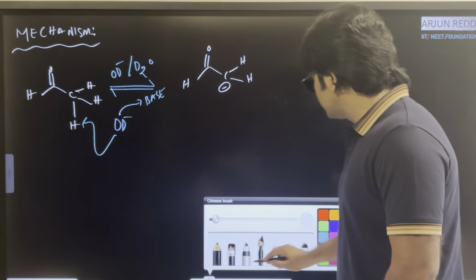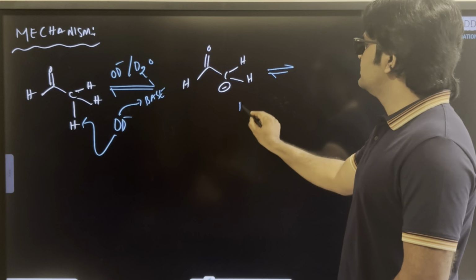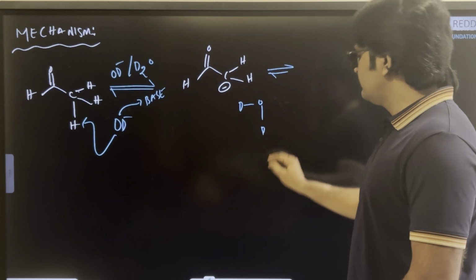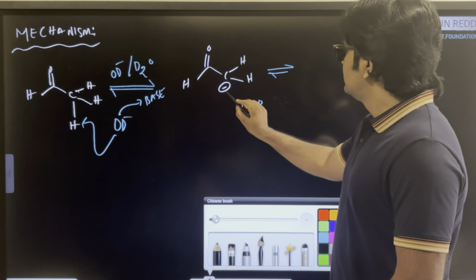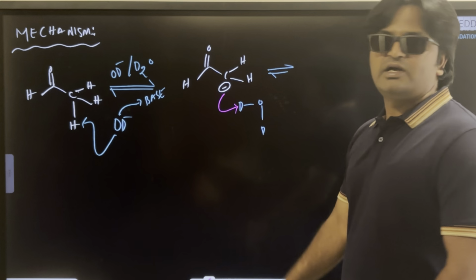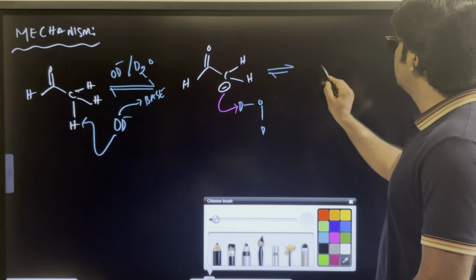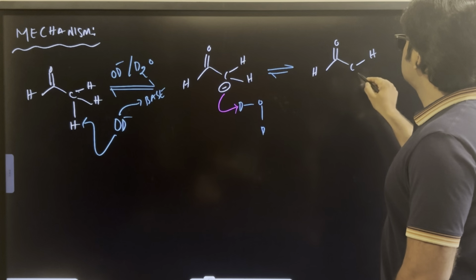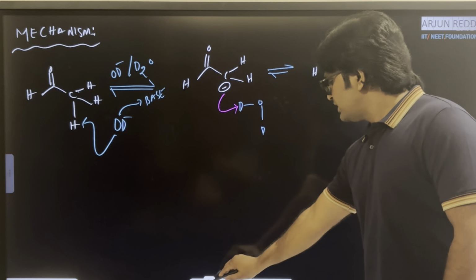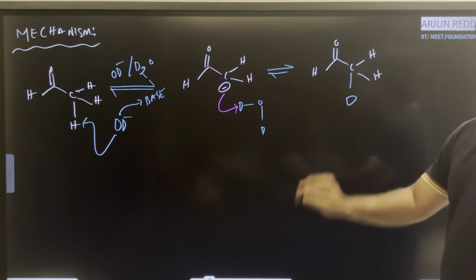And what will happen in the next step? In the next step, this carbanion interacts with heavy water D2O and receives deuterium from this water particle. That is heavy water, not simple water, right? So H, C double bond O, C, H and H, and here one hydrogen atom is replaced by deuterium.